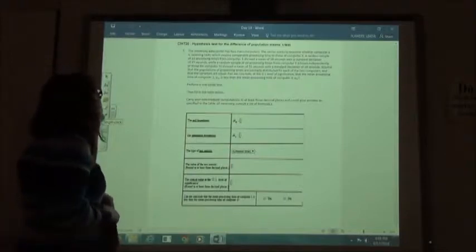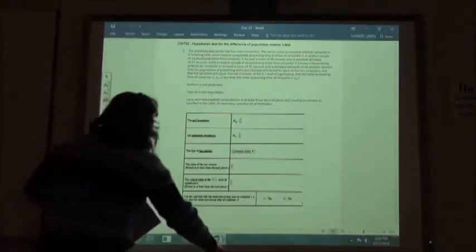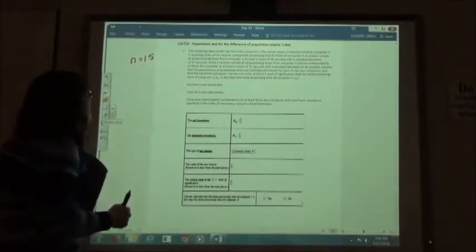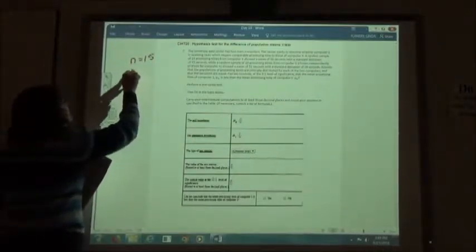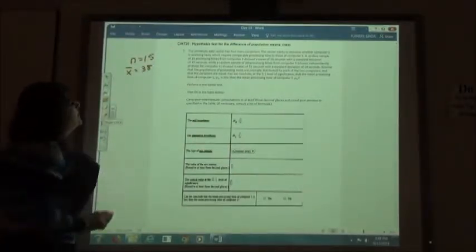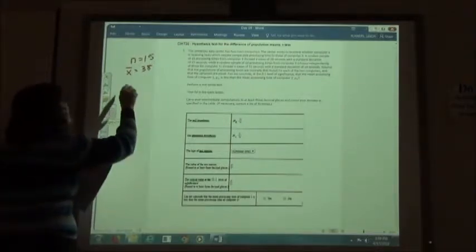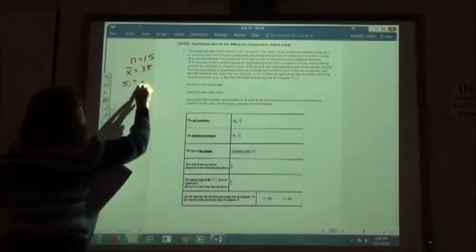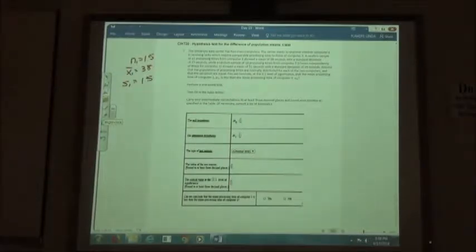A random sample of 15 processing times from computer 1. So n is going to be 15. Show a mean of 38 seconds. So x bar is 38 seconds with a standard deviation of 15 seconds. So my standard deviation, s1, is going to be 15. I should put ones there since we have 2 different things we're surveying.